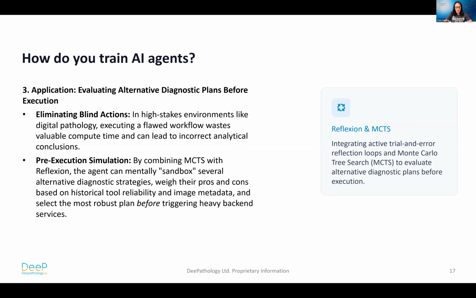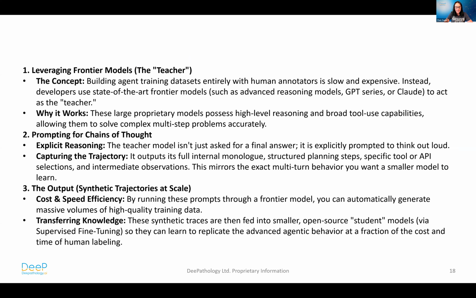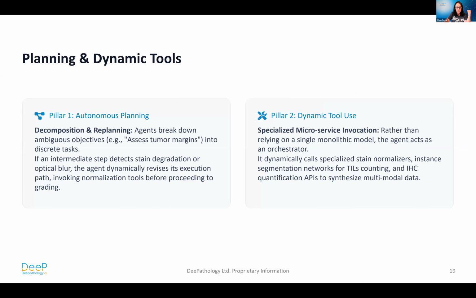Okay, so I will skip that. I want to skip that because I think that the issue of how you train agents is super important, but I hope you got the main idea, and I want to move further into pathology.